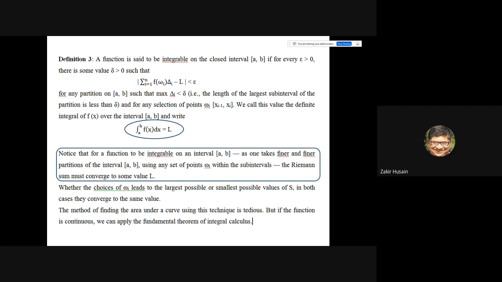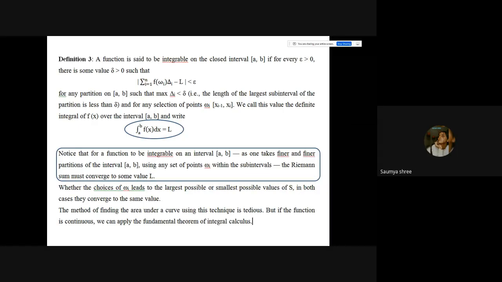Or 3? What is the value of L in the example that we took? Prithviraj? Sir, 1. It should be.